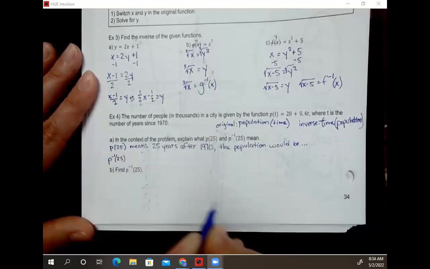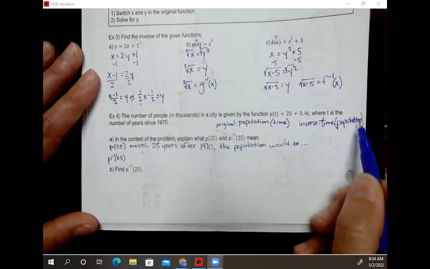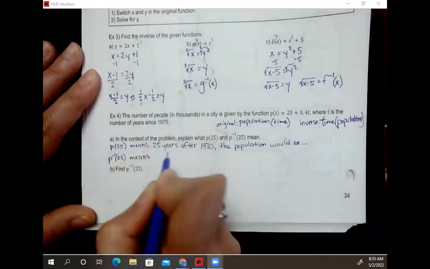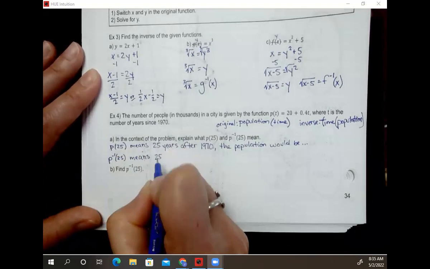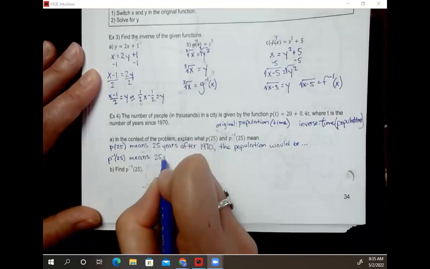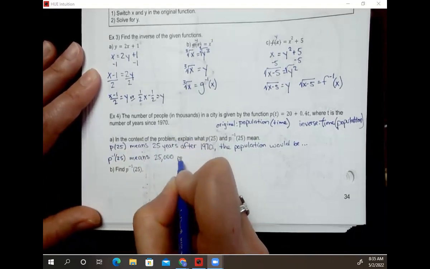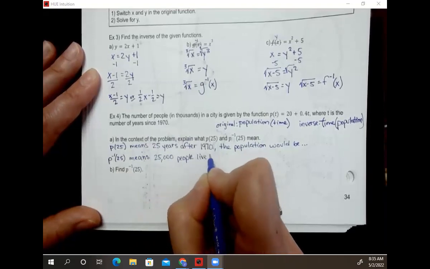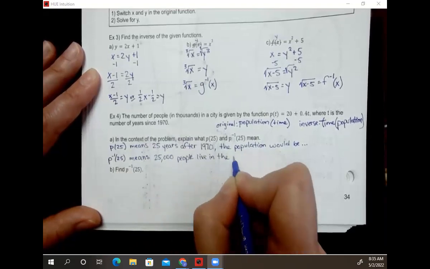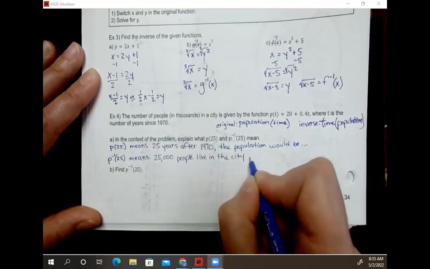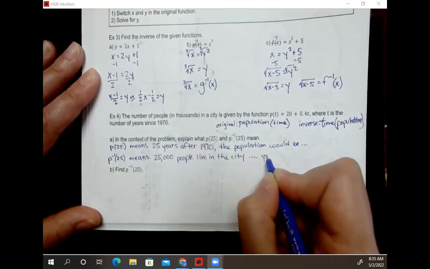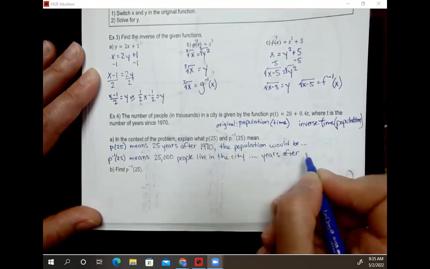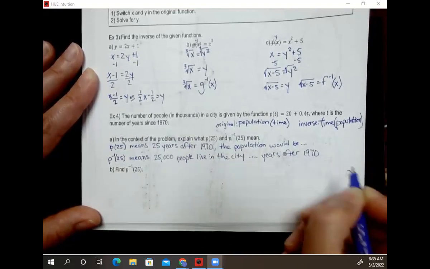Now for p inverse of 25, this time the 25 is not time, it's population. So p inverse of 25 means 25, and this is in thousands, 25,000 people live in the city some number of years after 1970.